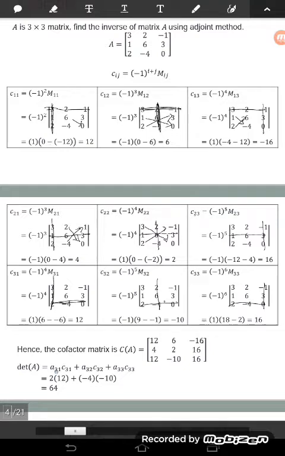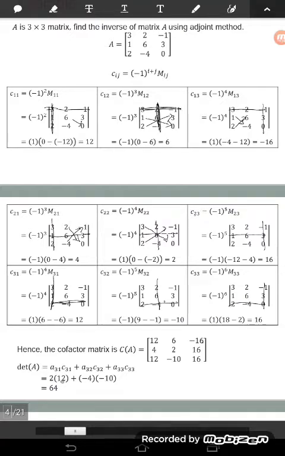So here A31 is 2 times its cofactor of 31. So the element in row 3 column 1 times its cofactor. The element in row 3 column 1 is 2. The cofactor for 3,1 is 12.